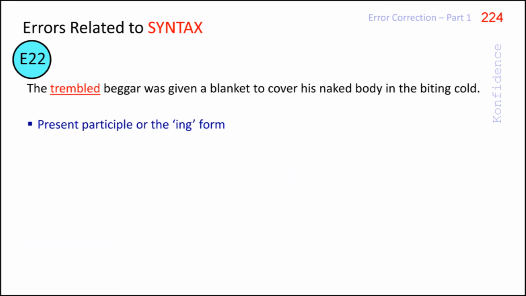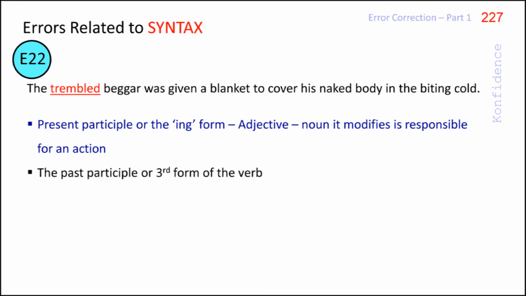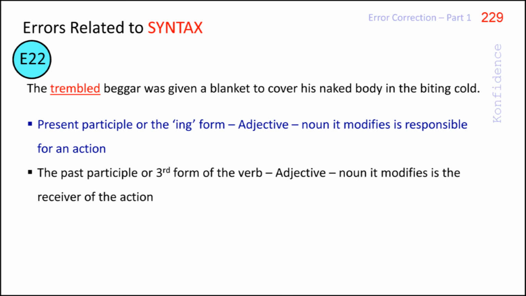The present participle or the ing form is used as an adjective when the noun it modifies performs or is responsible for an action. The past participle or the third form of the verb is used as an adjective when the noun it modifies is the receiver of the action.